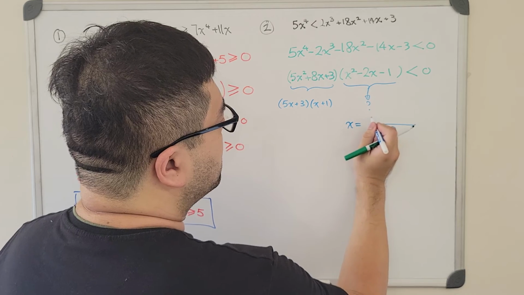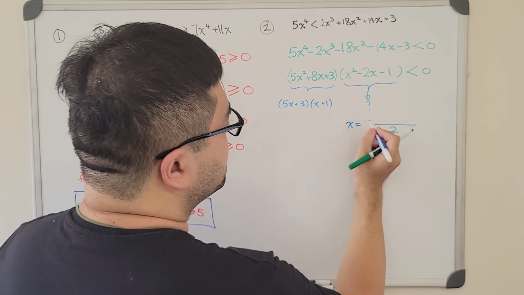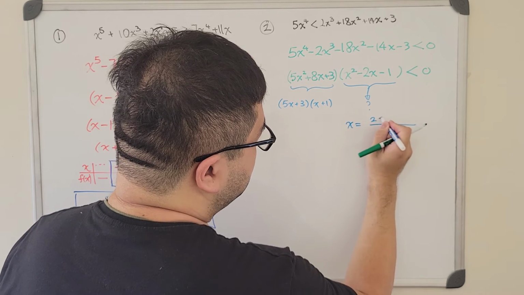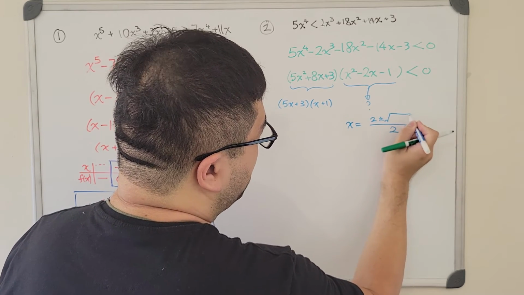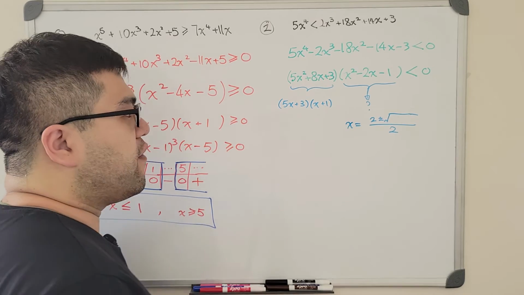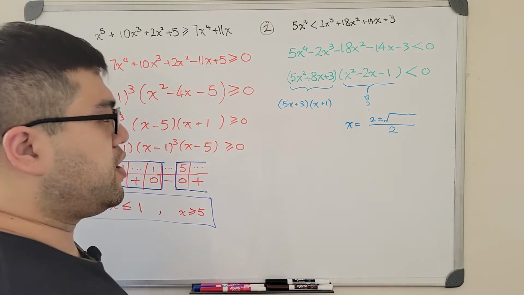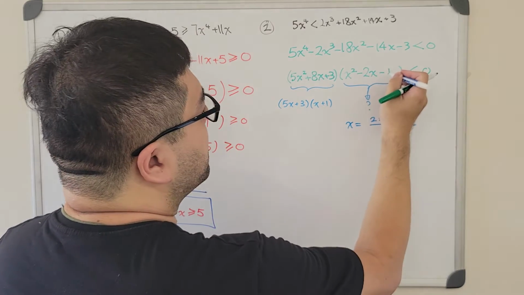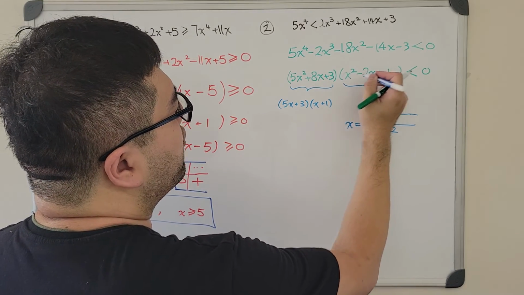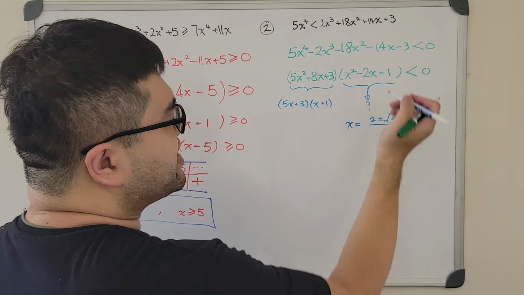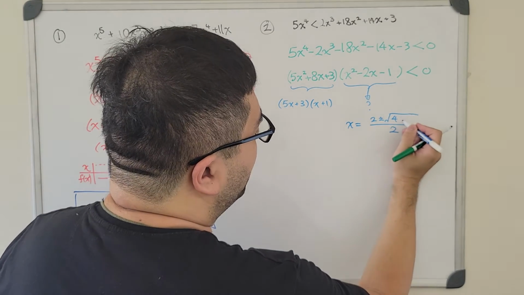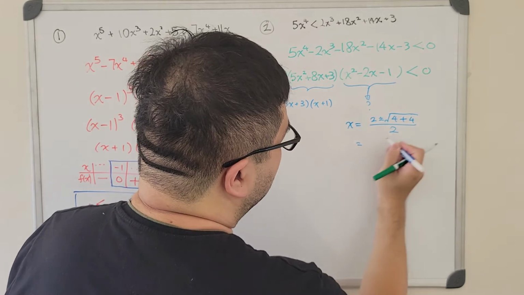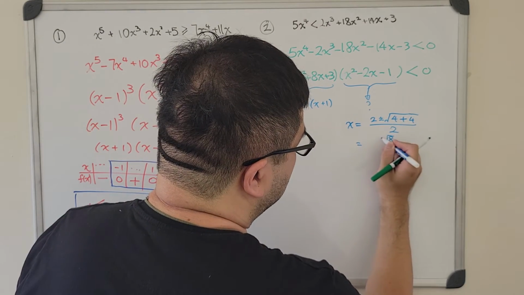And then on top we have negative b, which is negative of negative 2, which is positive 2, plus or minus the square root of b squared. So we will have negative 2 squared, which is positive 4. And then minus 4ac. Well, a is 1, c is negative 1. So we have minus 4 times negative 1, which is plus 4, giving us 8 inside the radical.